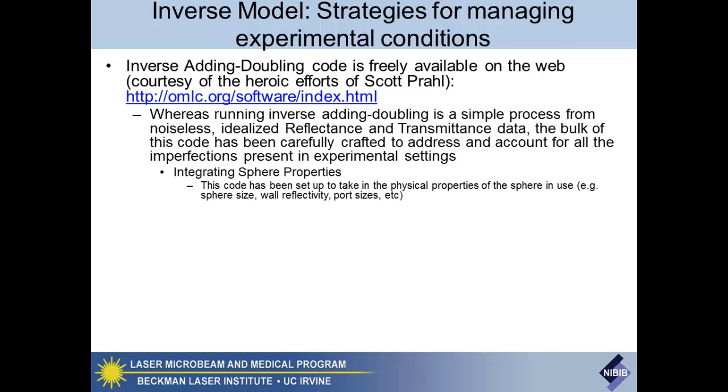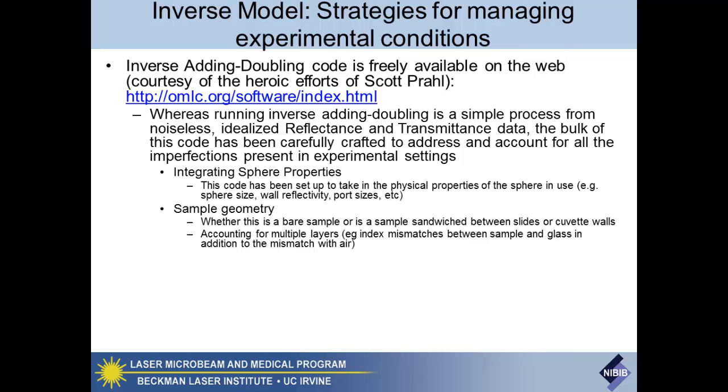With this code, all you need to do is know how to collect and calibrate your data. He has methods where you can input the specific properties of your sphere: the sphere size, the port diameters, the reflectivity of your sphere, and he has code that will correct and compensate for that.